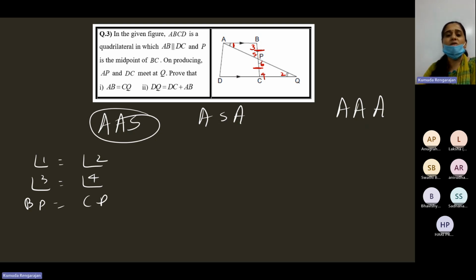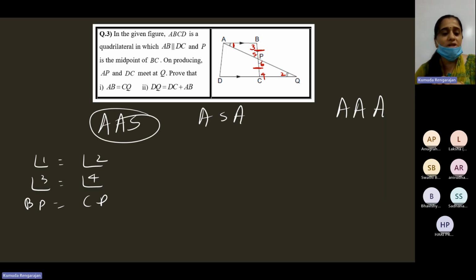Now tell me, for angle 1 and angle 3, which is the included side? Side AB, ma'am. And for angle 2 and angle 4, which is the included side? Side CQ, ma'am. Perfect, CQ.